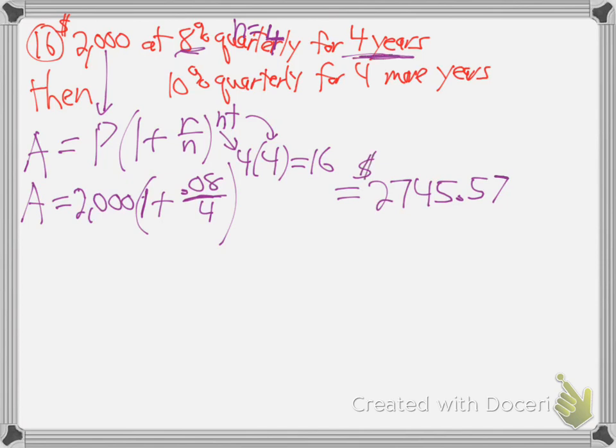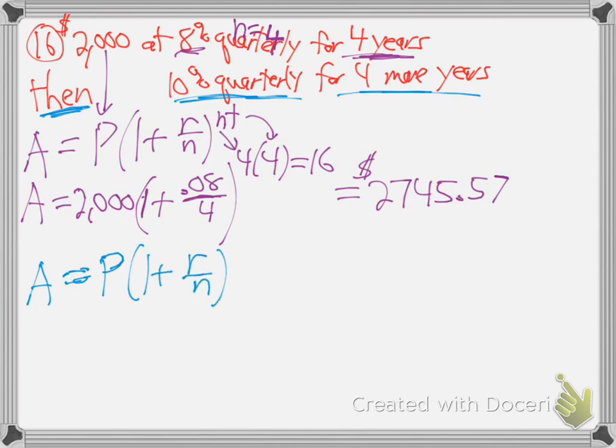Now we begin the second 4 years. Then we do 10% quarterly for 4 more years. So now we're going to do the same formula again. And we're going to take this number.